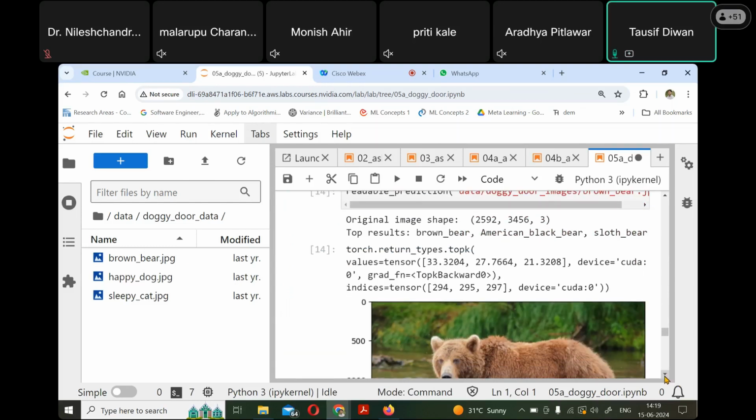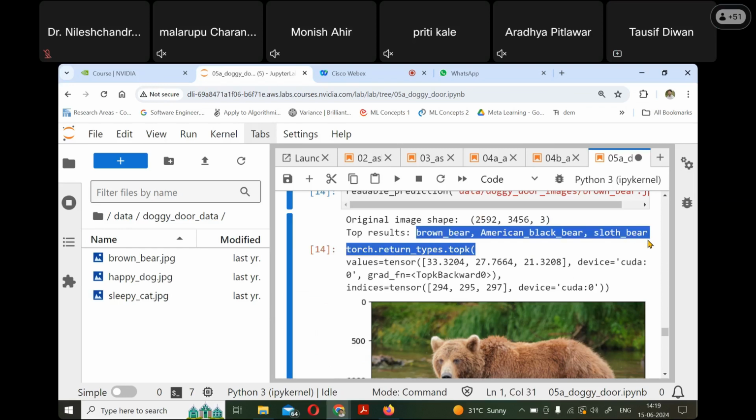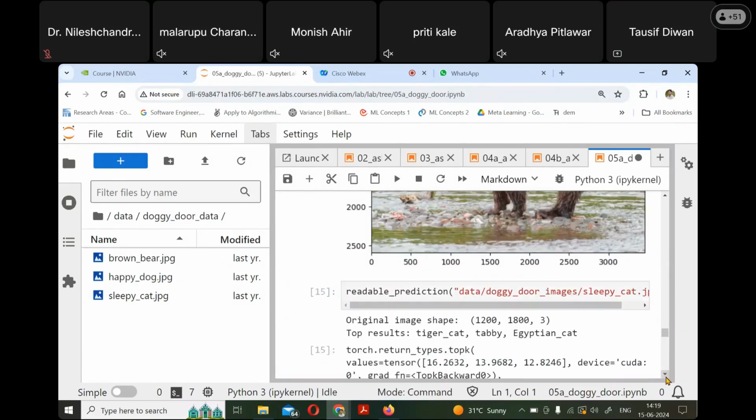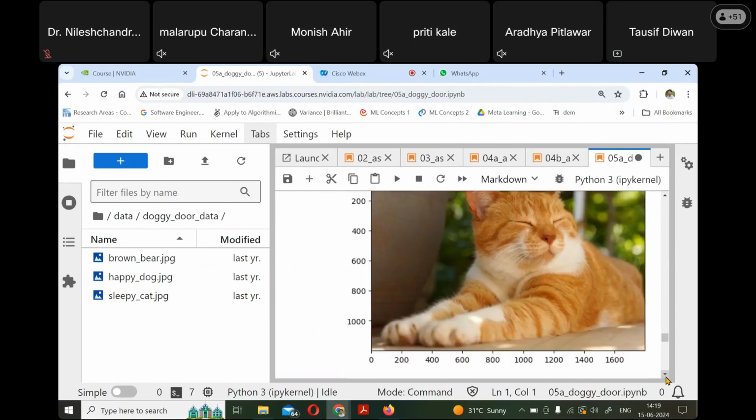Next is this. This was the actual image size. Then these are the top three predictions, and then last is this. So this is a cat.